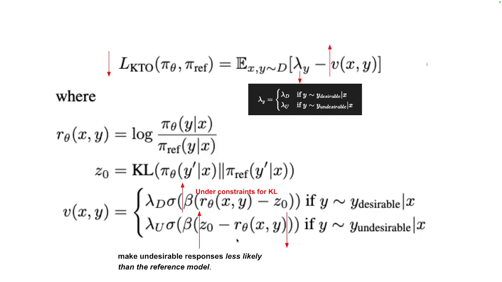We want to increase the KL divergence and make the undesirable response even less likely than under the reference model. Even if the reference model has really high likelihood for the undesirable response, your policy should have really low likelihood for it.